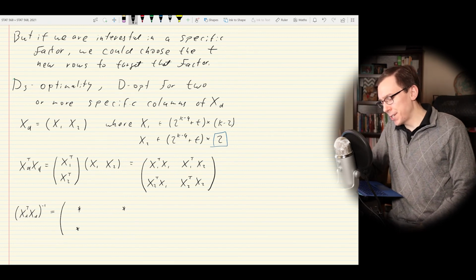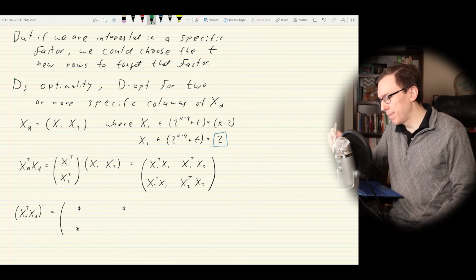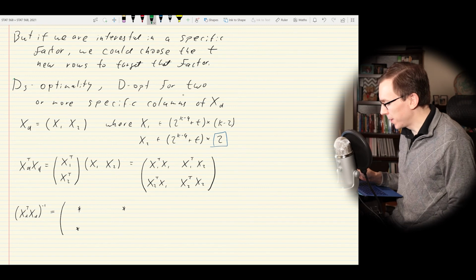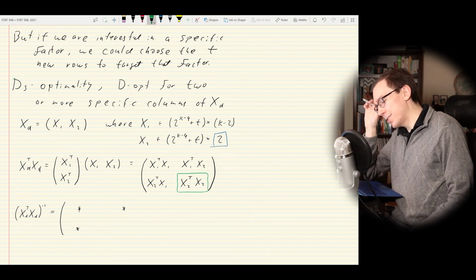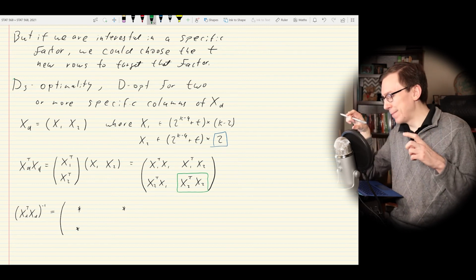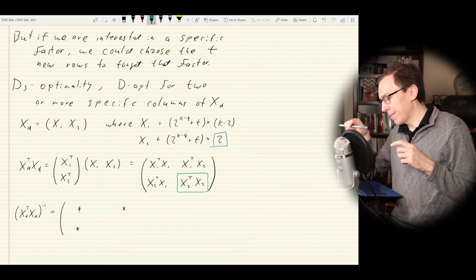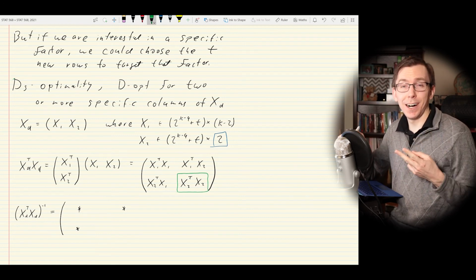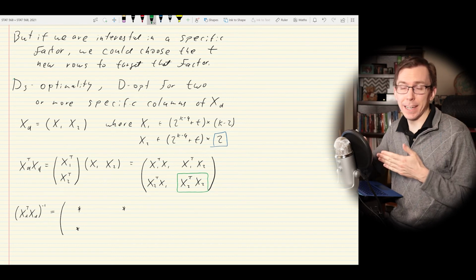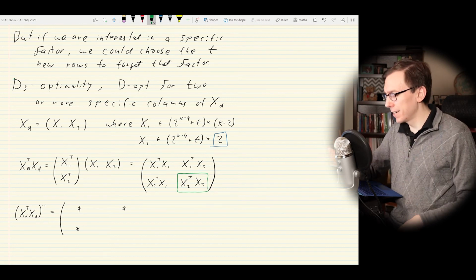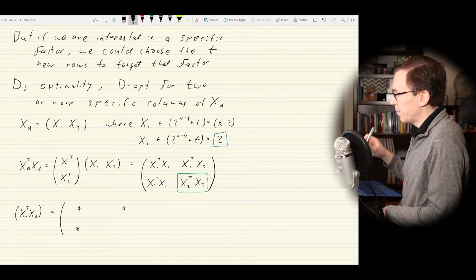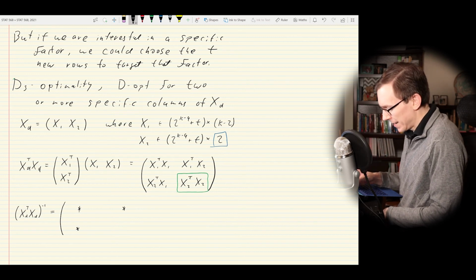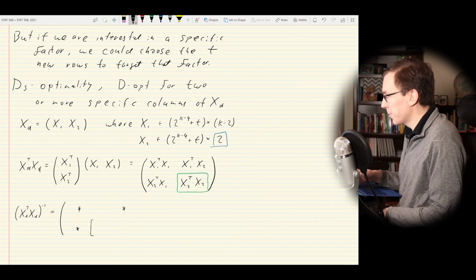I'm interested in the bottom right-hand entry, because it corresponds to the 2 columns that I'm interested in targeting my follow-up design on. So if we do the block matrix inverse, we're going to get some kind of nasty looking equation.